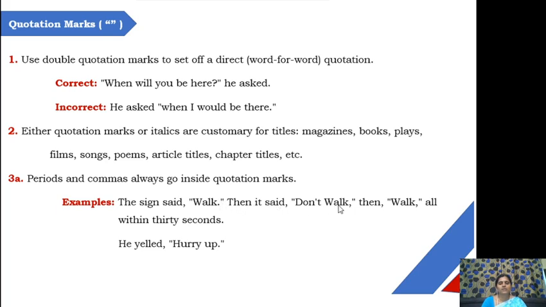Then it said, "Don't walk." We have a comma and we kept it within the quotations only. So whatever part you keep within the quotations, if you get a full stop or comma in that, you have to keep it inside the quotation marks only.